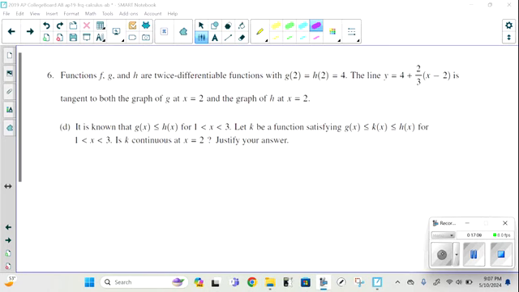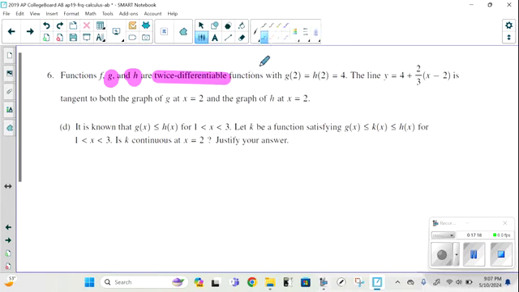Well, first of all, it tells us that g and h are twice differentiable. If they are differentiable, they are also continuous, right? They're differentiable, and therefore they got to be continuous. Okay? We also know that g of x is less than or equal to h of x.